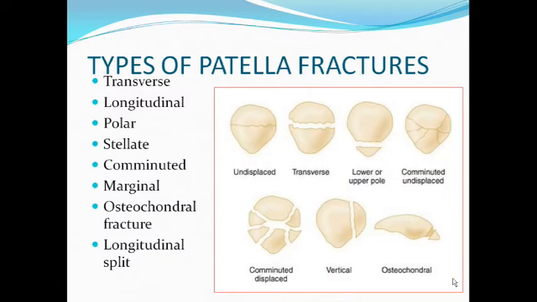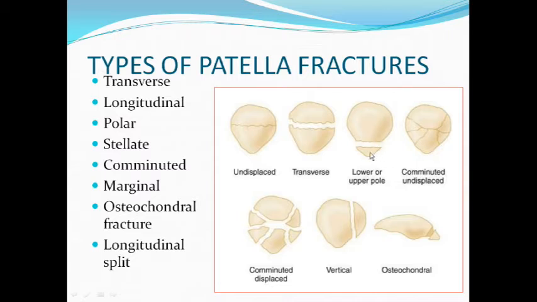So now coming to types of patella fracture. So these are the different types. Number one is transverse. This is transverse fracture, as it is passing transversely. This is undisplaced, and this is transverse displaced.